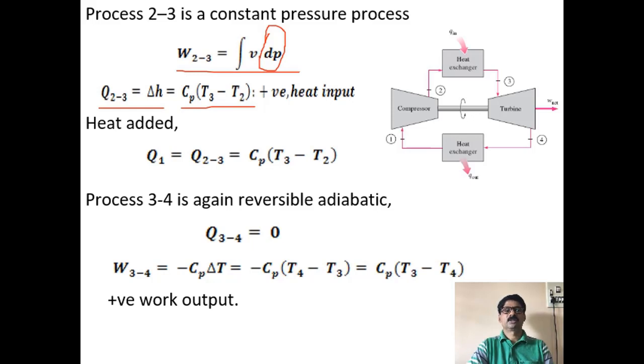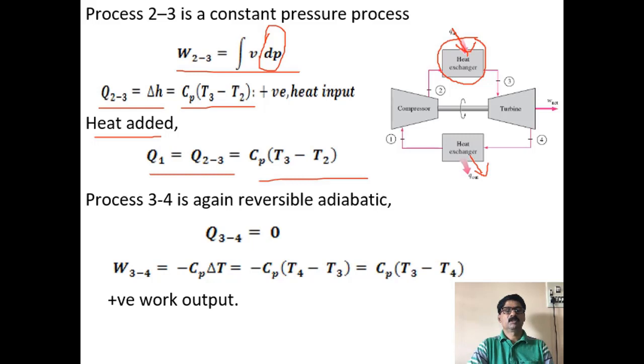The heat exchanger can also be considered as a combustion chamber. Actually, combustion takes place when heat is added to the air, but there is no mixing, so heat from an external source is added to the air. Hot air enters the turbine, then it is cooled in the heat exchanger, so the same air can be supplied again to the compressor, and thus it can work on a closed cycle. The heat added here is denoted as Q1, or Q2 to 3, equal to Cp into T3 minus T2.